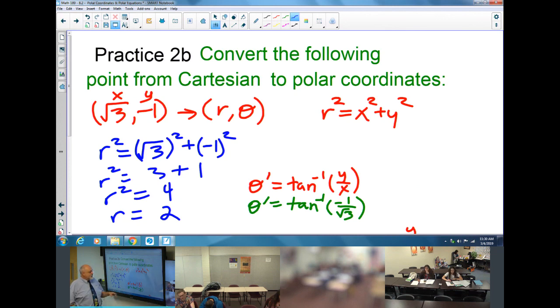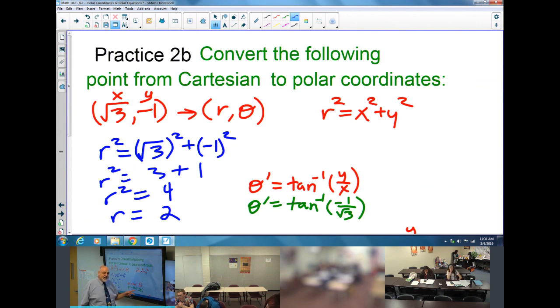Okay, so we want the inverse tangent of that. Negative 1 over radical 3 is y over x. So what angle has a tangent of negative 1 over radical 3? That one would be on the unit circle. Look on the unit circle for where the y is negative 1/2 and the x is radical 3 over 2.